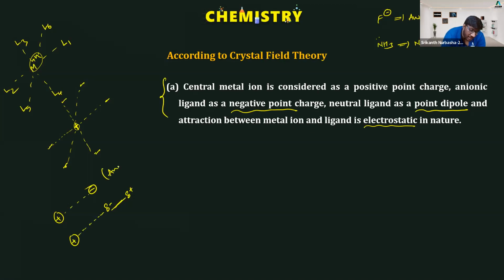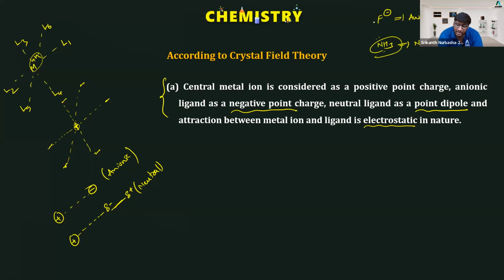Obviously, in the case of anionic ligands. This is a neutral ligand. So in the case of anionic ligands, the electrostatic force of attraction should be obviously high when compared to the attraction between a positively charged metal ion and a neutral ligand.